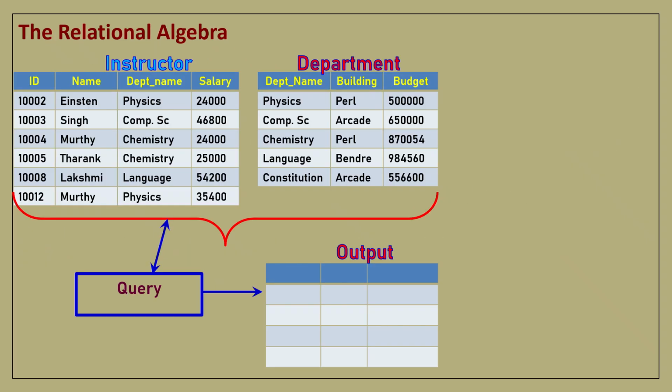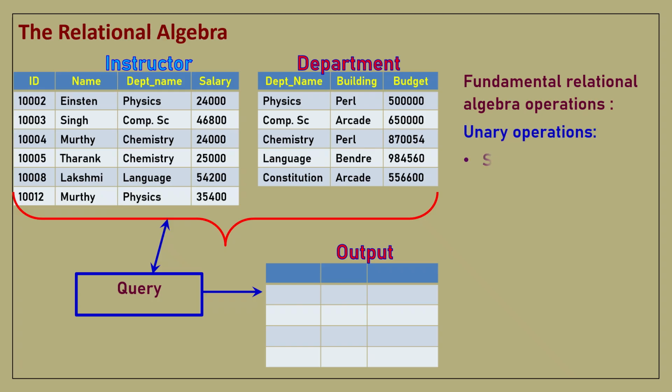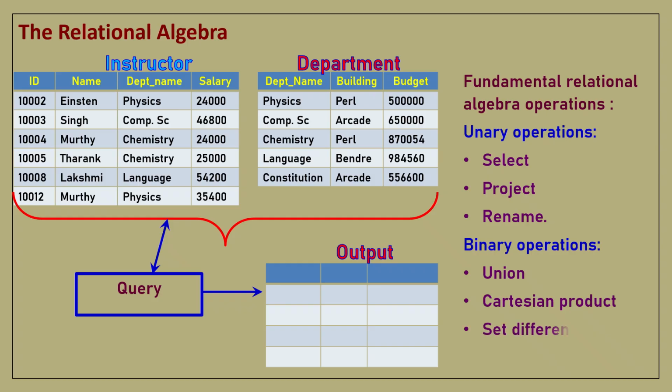Queries are written to get data from the database in a desired manner. The relational algebra consists of a set of operations that take one or two relations as input and produce a new relation as their result. Fundamental relational algebra operations are unary operations: select, project, and rename; and binary operations: union, Cartesian product, and set difference.